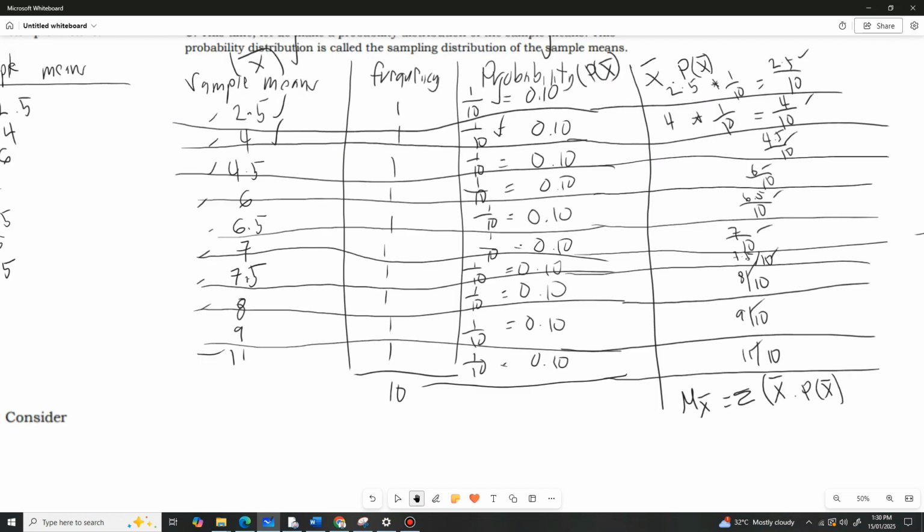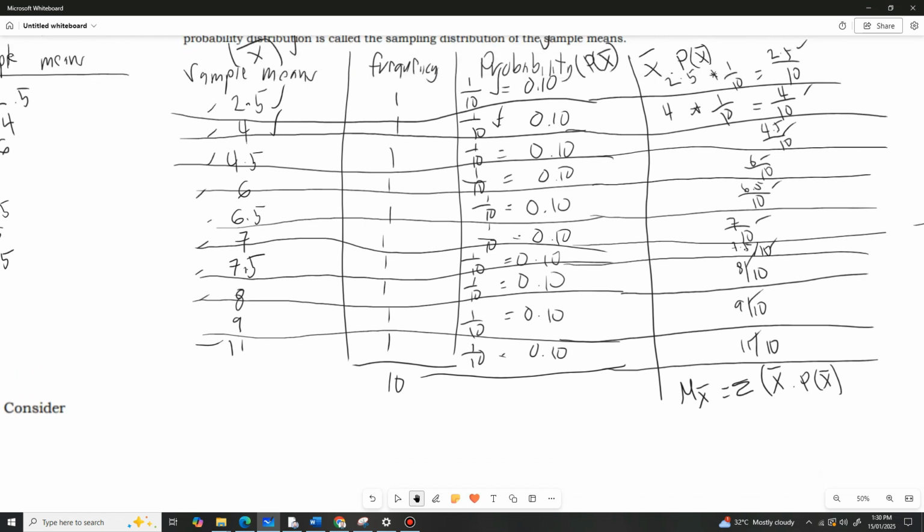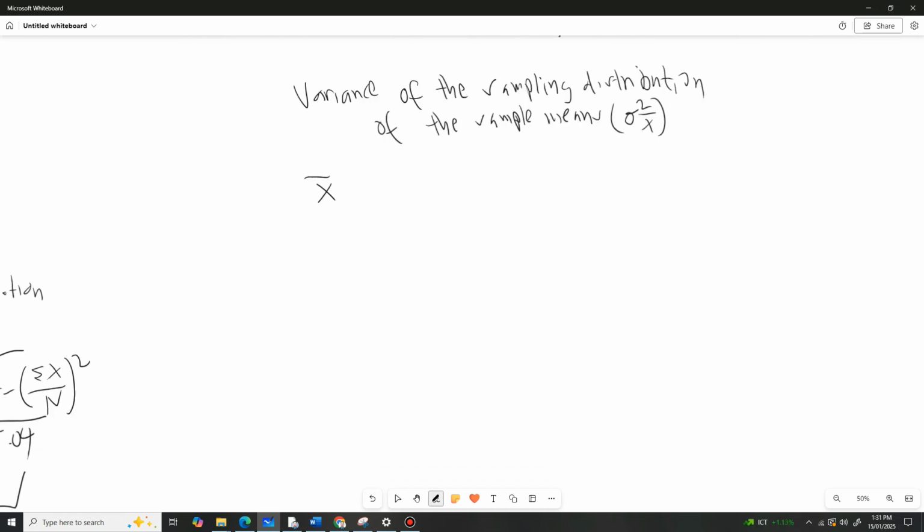To find the variance, we will use the column for the sample mean again. We will just copy that. So that's the column for x bar. We have 2.5 and so on, and then a column for x bar squared.